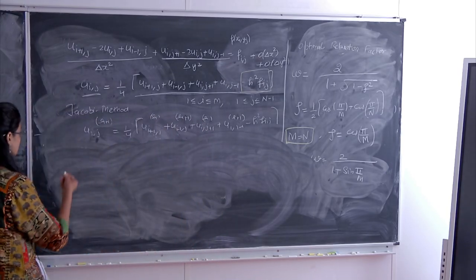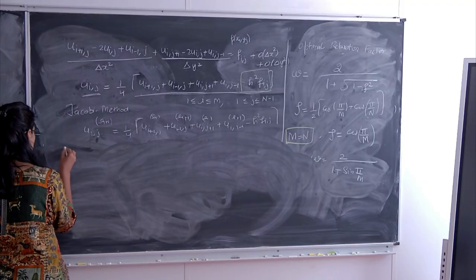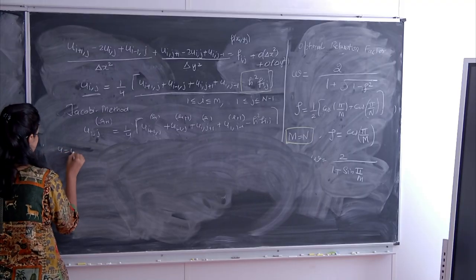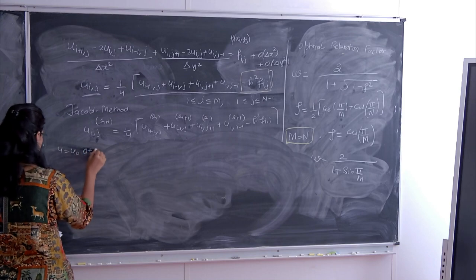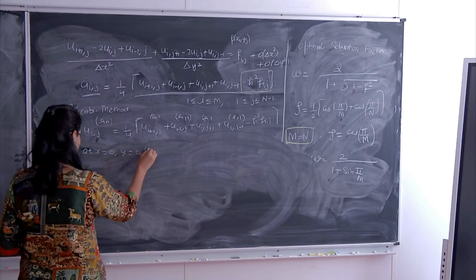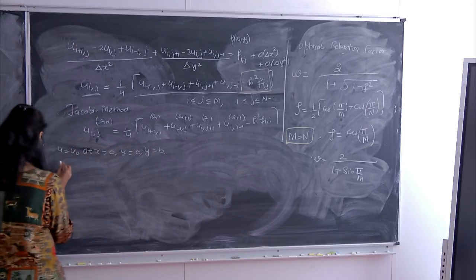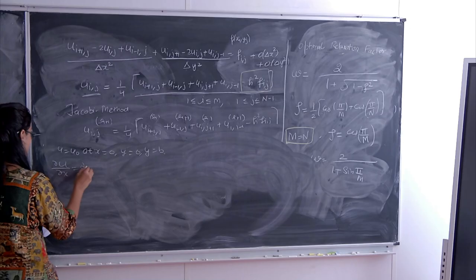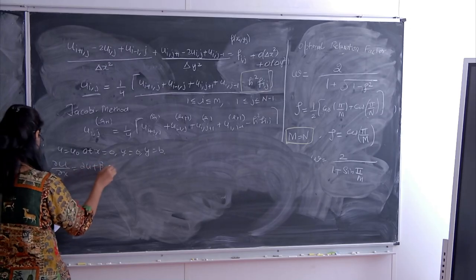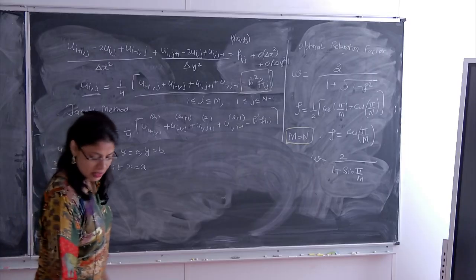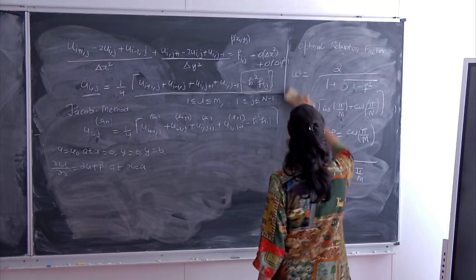So let's take this condition, where u is equal to u naught at x equal to 0, y equal to 0 and y equal to b, and del u by del x is equal to alpha u plus beta at x equal to a. So if we take this, how will we solve that?